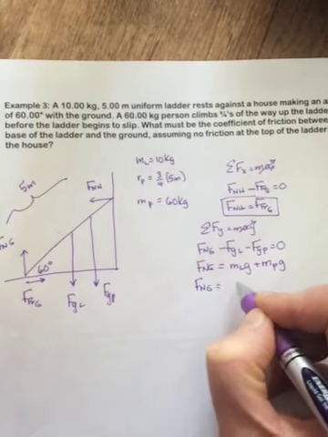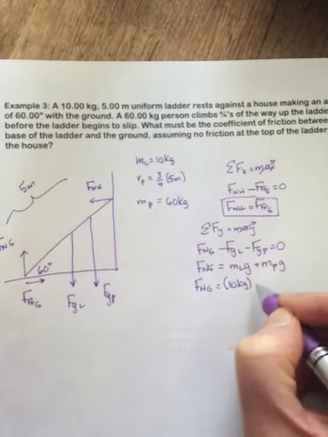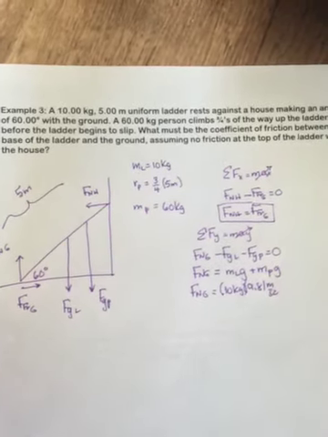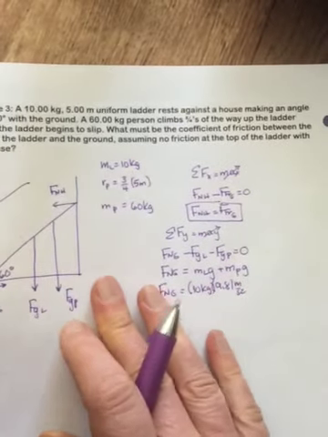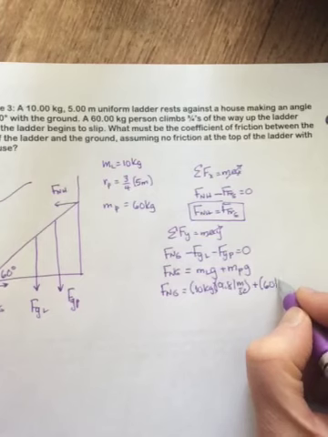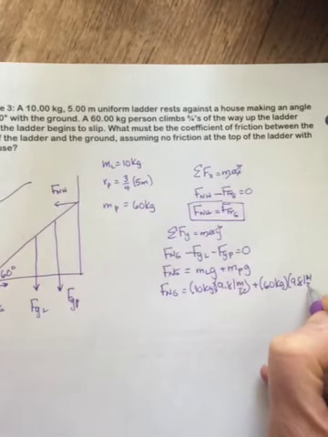And we have numbers here, so we can actually find this if you want. The ladder is 10 kilograms times 9.81 meters per second squared, and the person is 60 kilograms times 9.81 meters per second squared.